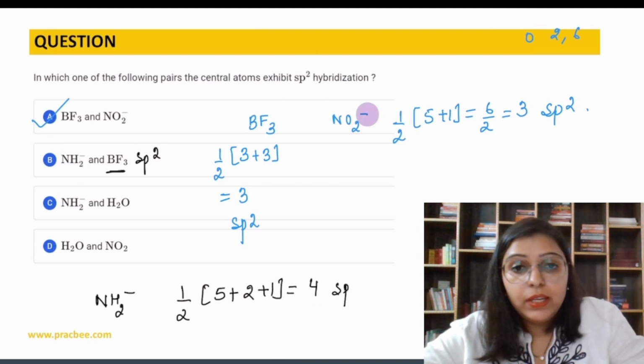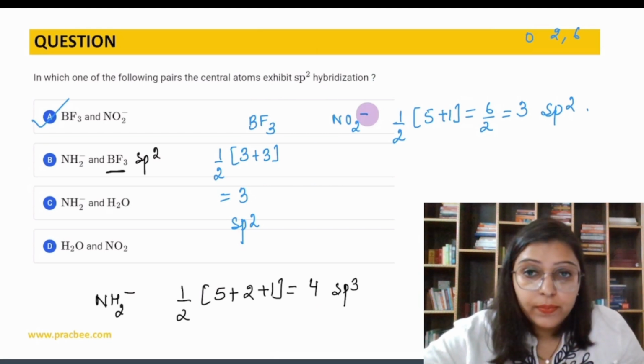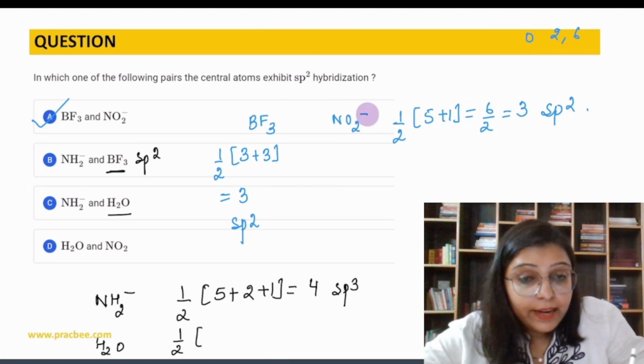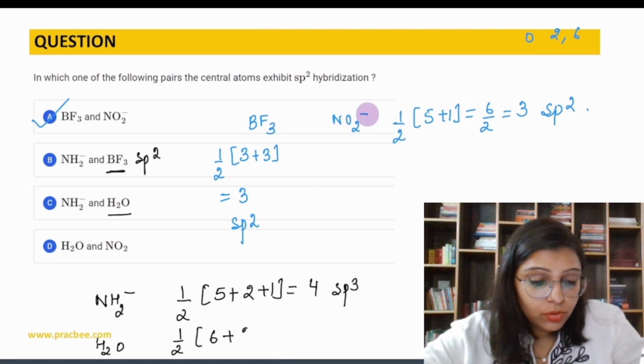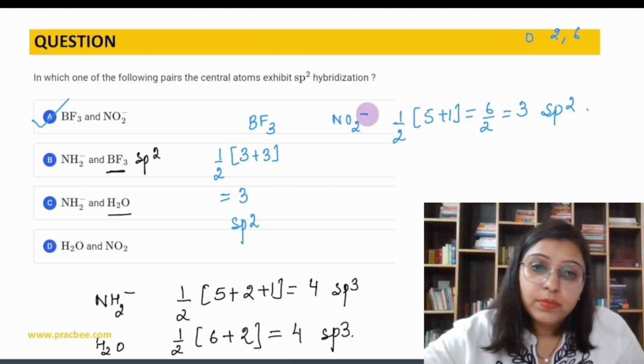So this is sp3 hybridized. So B cannot be the answer. Now in C we have H2O, which is different. So H2O, central atom is oxygen, valence electrons in oxygen 6, 2 monovalent atoms, so again 4, which is sp3.